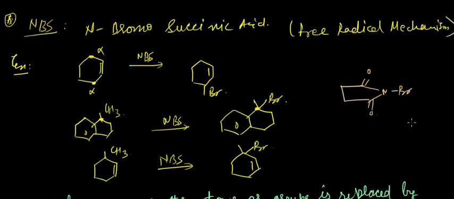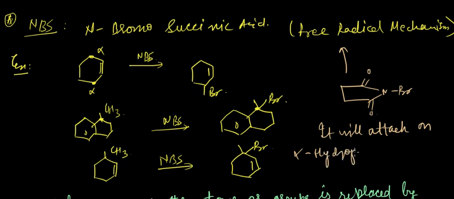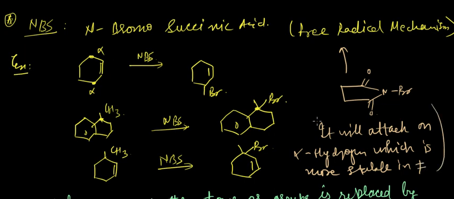So this is the structure of NBS, and substitution is done by a free radical mechanism, and it will attack the alpha hydrogen which is more stable in the intermediate.